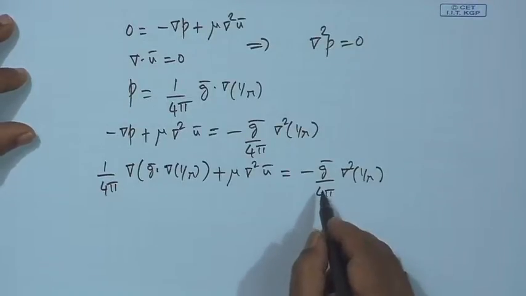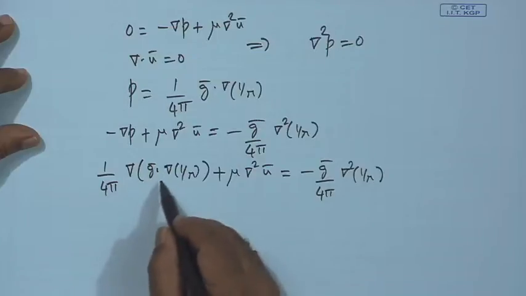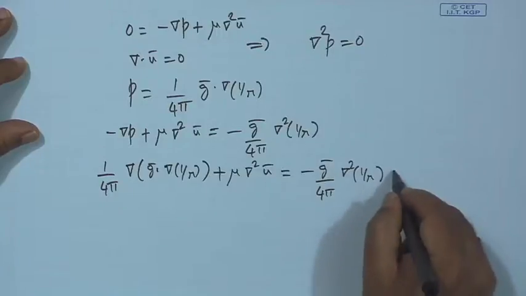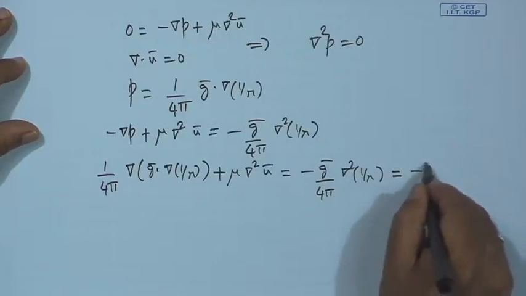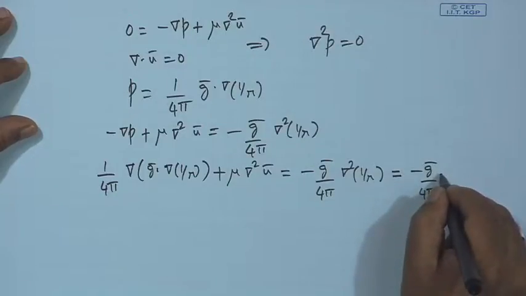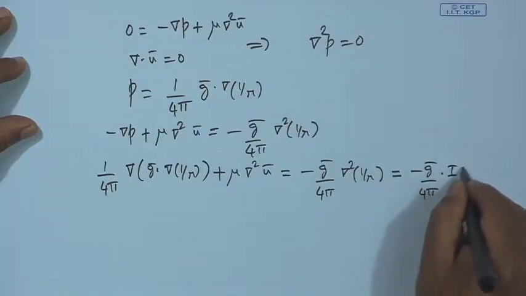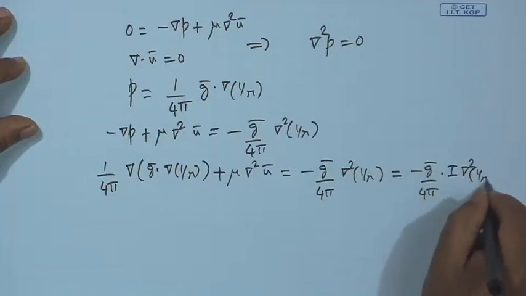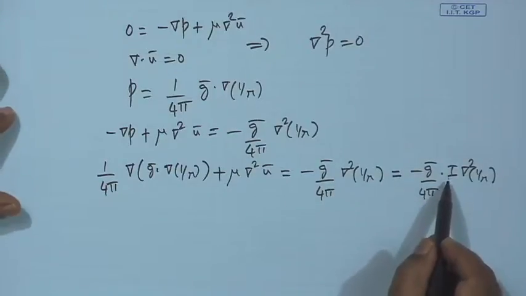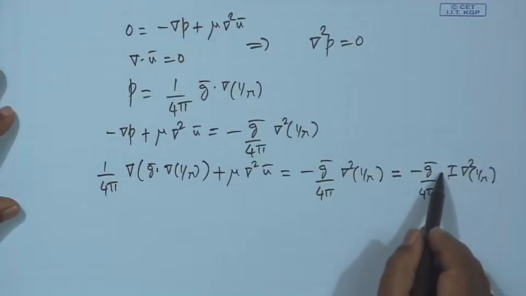So, this we have gradient operating here and then we have a Laplacian operating here. Okay. So, we can write this as, okay. So, this is nothing but the same. I am introducing this is an identity vector.